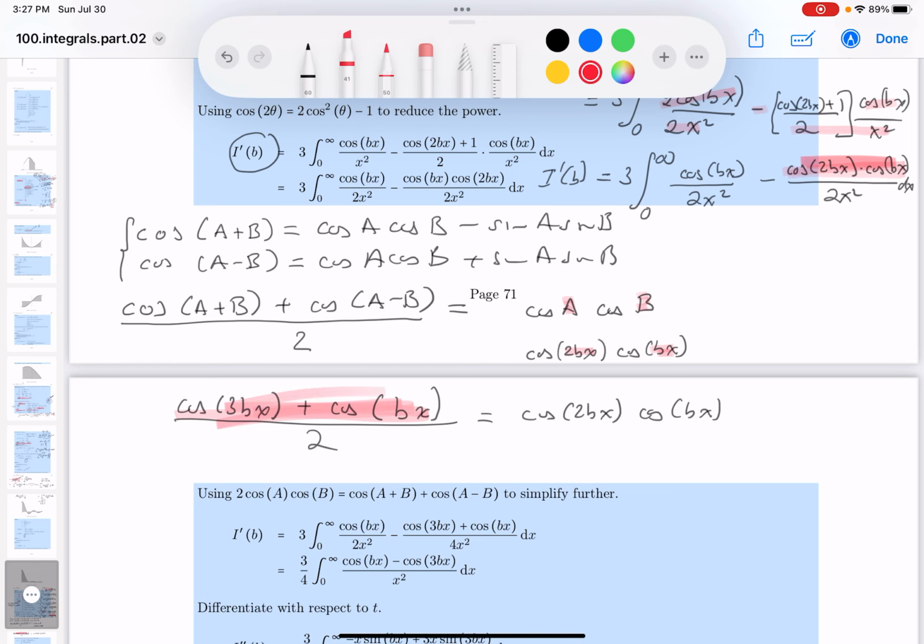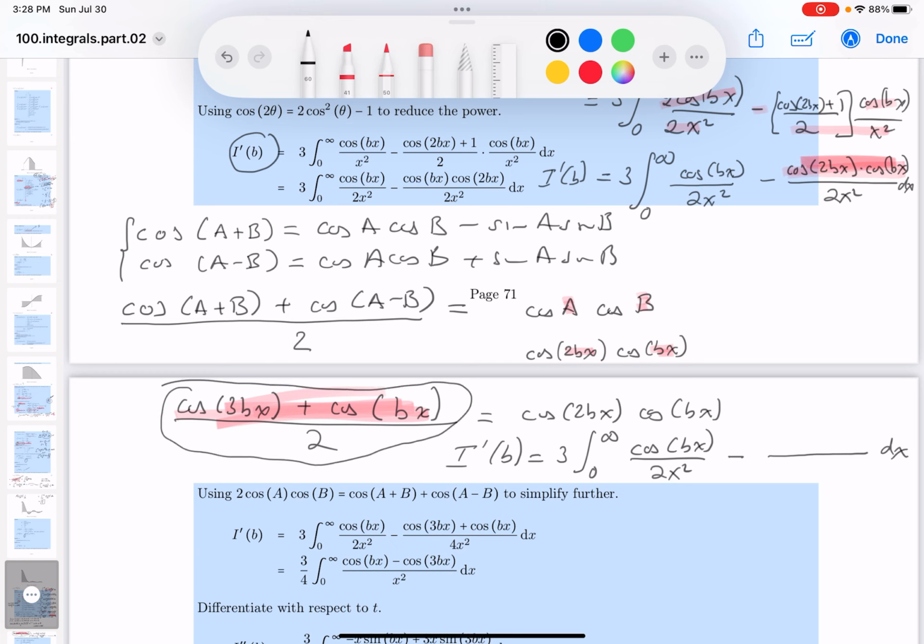Let's write it down. And as I do that, I get really, really careful. So, whoops, that's not being careful by doing that. So I prime of b is equal to 3, 0 to infinity, cosine bx over 2x squared minus, give me a dx here, and I got to pop this in now.